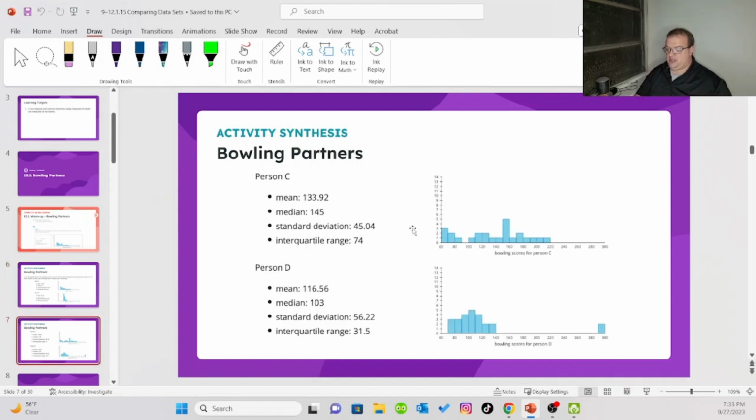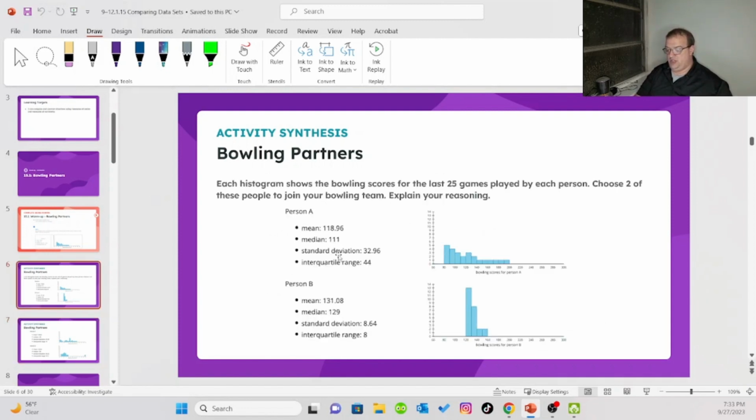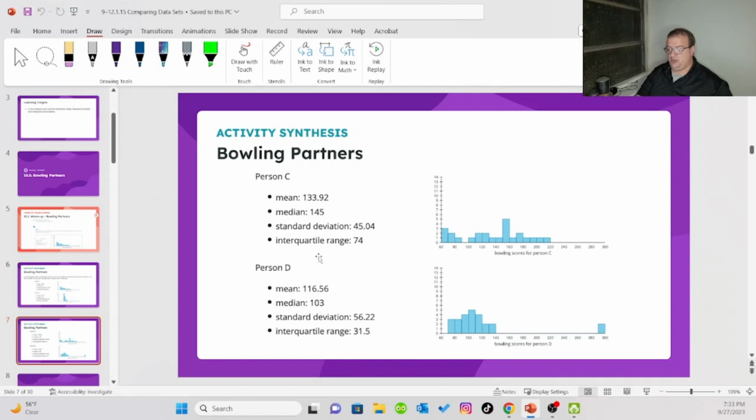If we look at the next two people, we've got person C. They have a high mean score, and it kind of centers around that, but they also had the lowest score overall. So while they typically will score 133, which is the highest mean available, every now and then they're going to bowl down here between 60 and 70.